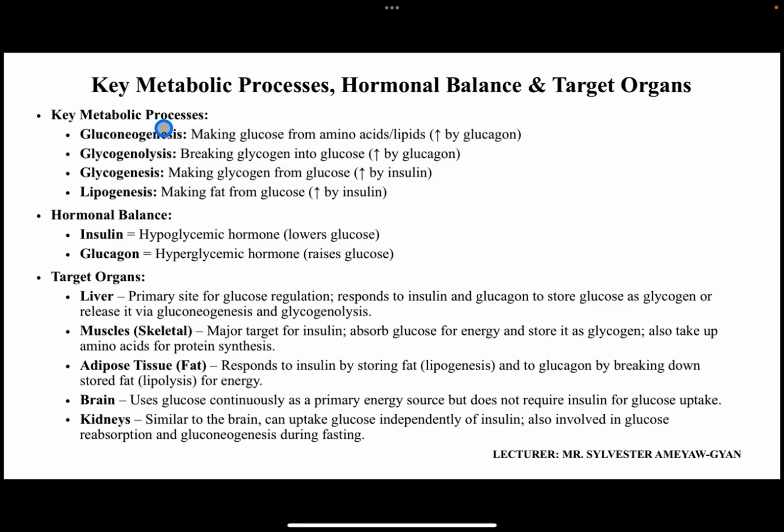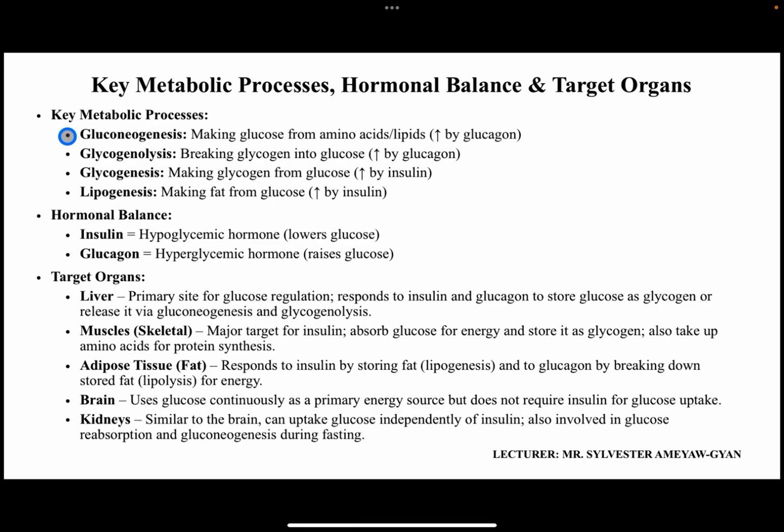So we have some key metabolic processes, hormonal balance, and target organs. These are the key metabolic processes that take place in the pancreas, specifically the endocrine pancreas. Like I said, gluconeogenesis. Gluconeogenesis, as I said earlier, is a process of synthesizing glucose from non-carbohydrate sources, and this is done under the influence of glucagon from the alpha cells.